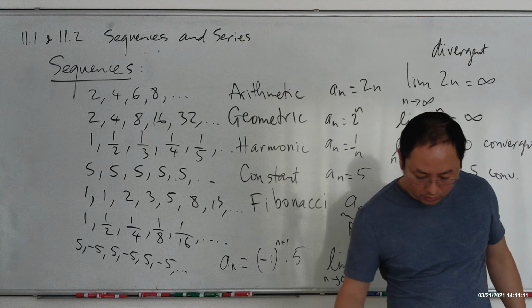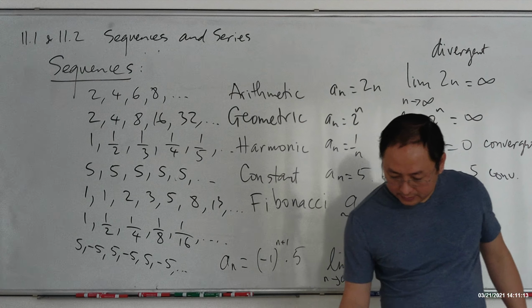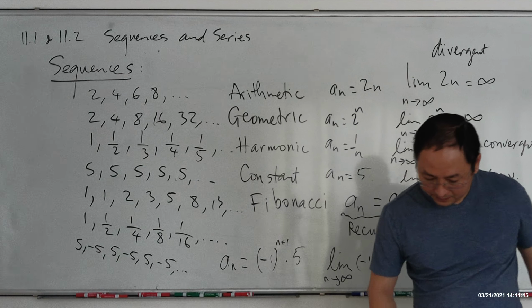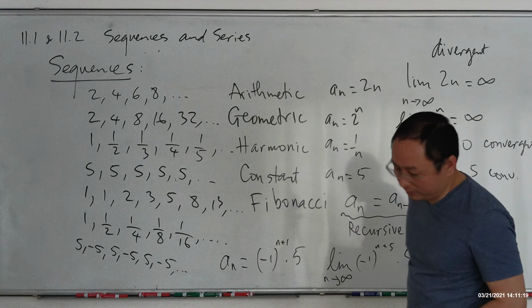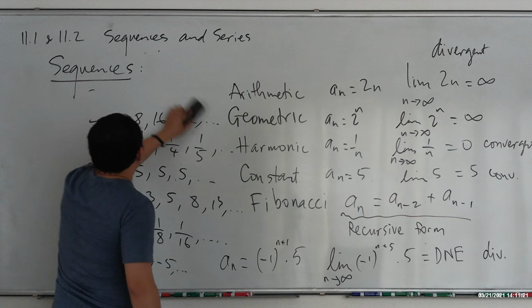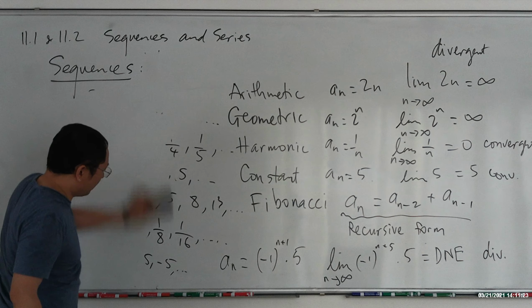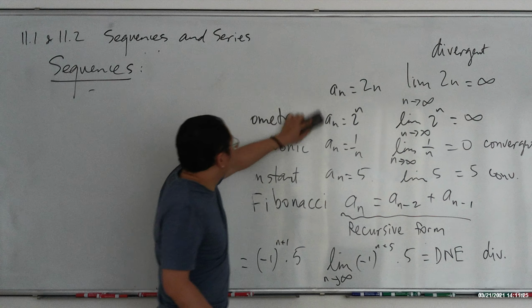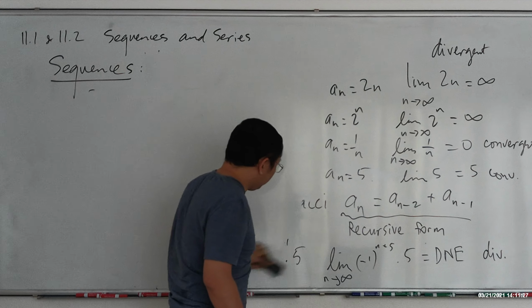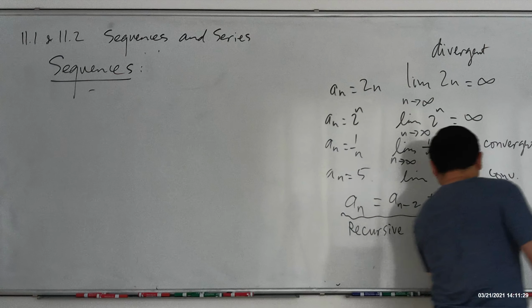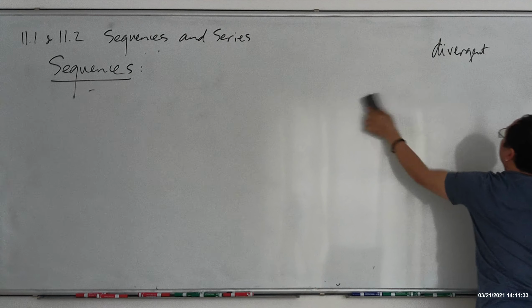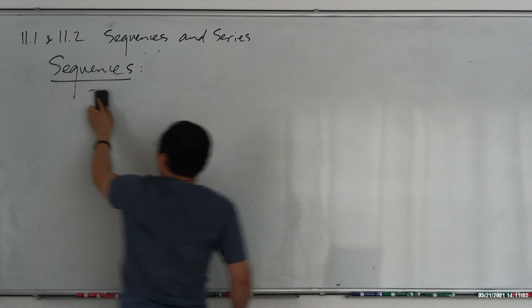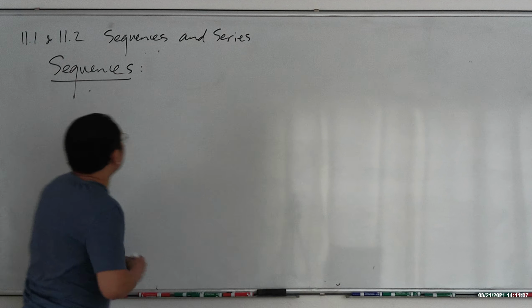Let me show you more. Alright, now some calculation that you may have, I see it's in the book, so let me just copy it down here. What if you have two convergent sequences?